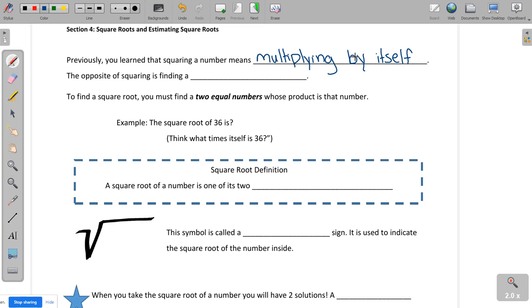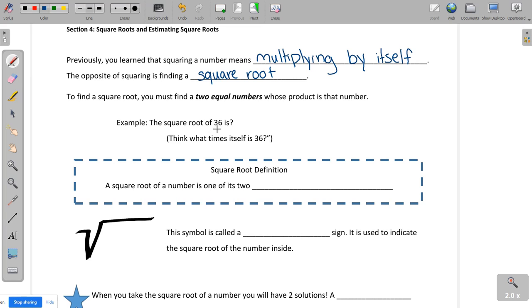The opposite of squaring is finding a square root. To find the square root, you must find two equal numbers whose product is that number. So it's going to be the reverse of squaring.